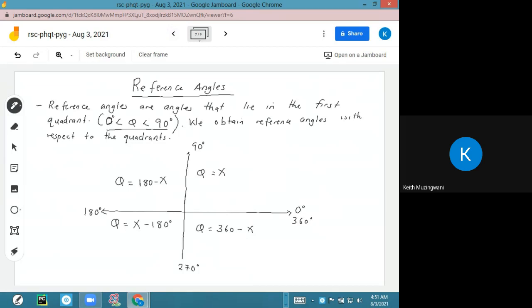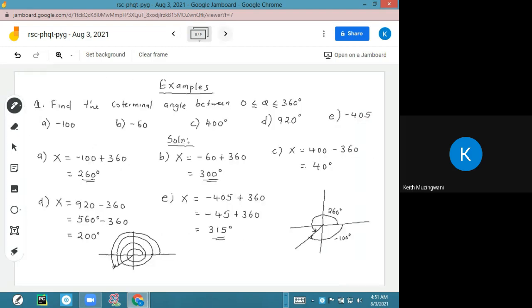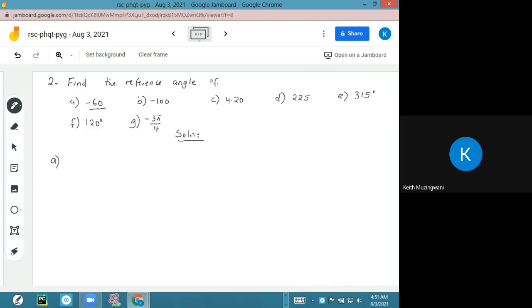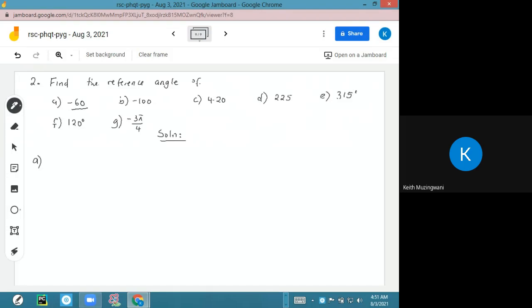So we have no negatives here. But we have seen that coterminal angles can move from negative to positives. And since they share the same properties, when you're looking for a reference angle of a negative number, you first get its coterminal angle. So if we add 360 here, we'll get 300.